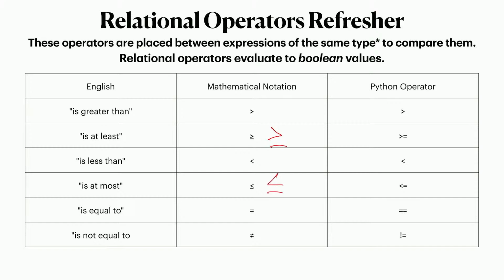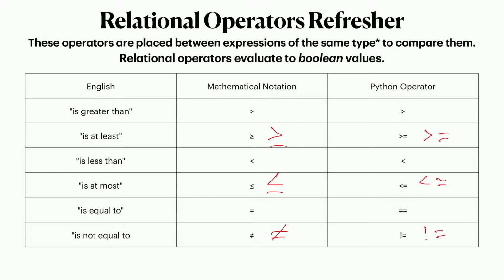These types of symbols tend to be pretty difficult to type. You have to go look up the key code or search the internet and copy from some website, which I often do. Same with not equals. Well, in most programming languages, Python included, these more nuanced symbols tend to be written in a linearization of the idea. So greater than, equal to, right? Less than, equal to, not equal to.